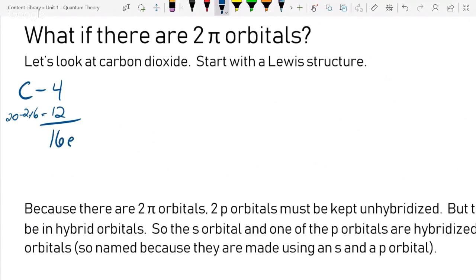Okay, I got 16 electrons. Do we all say the same?